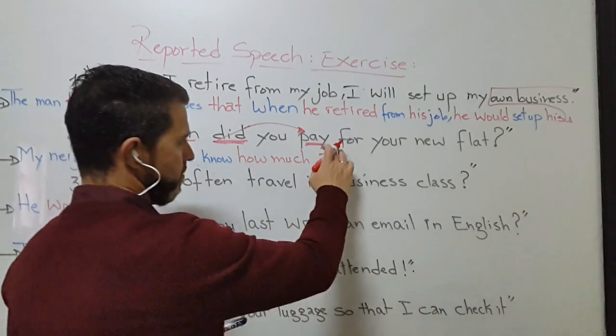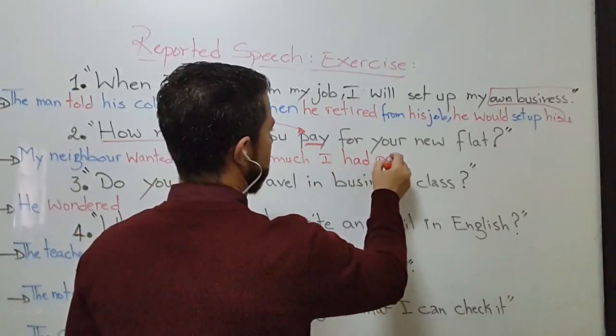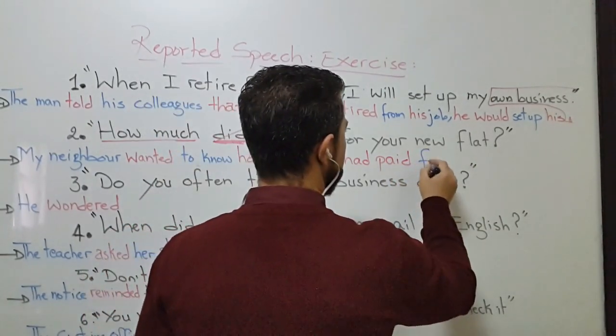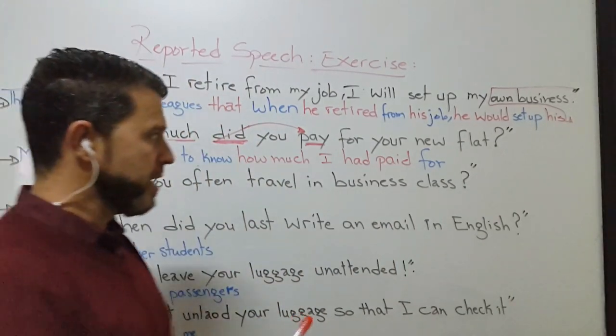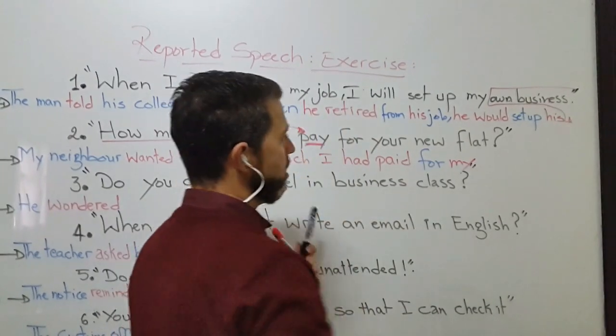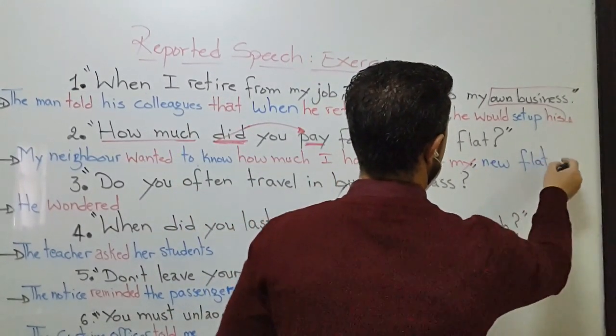So it's very easy, past perfect. How much I had paid for. We have here your new flat. It becomes what? For my. Okay, for my new flat.